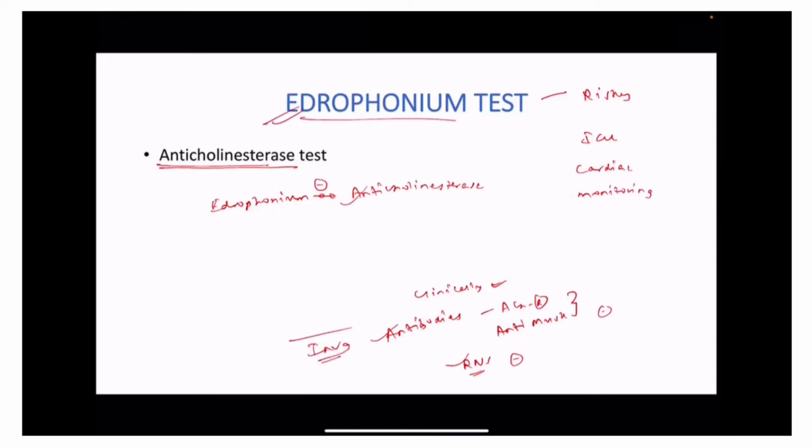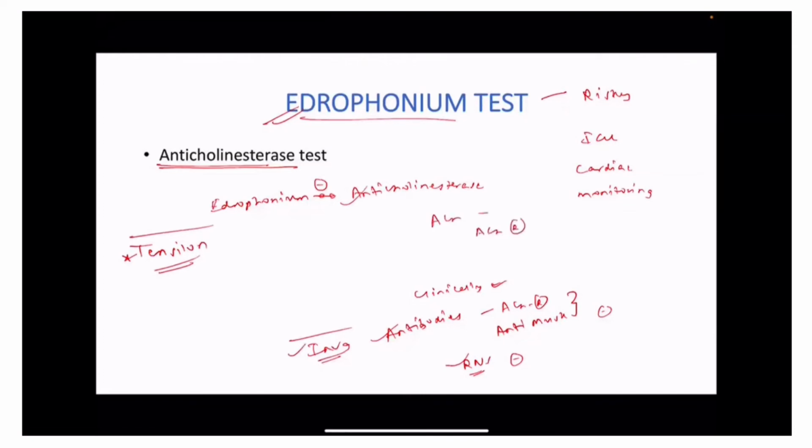The basis is the same. Edrophonium is also known as the Tensilon test. Tensilon is the brand name for edrophonium. So it is going to inhibit your anticholinesterase, and that is why your acetylcholine has a free path to act on your acetylcholine receptors.